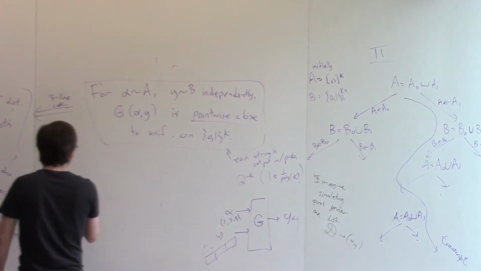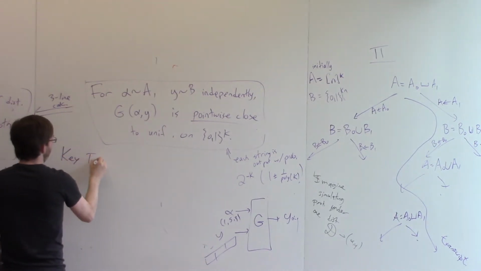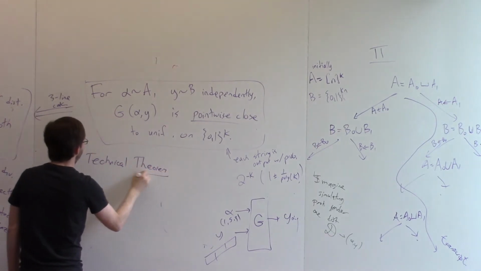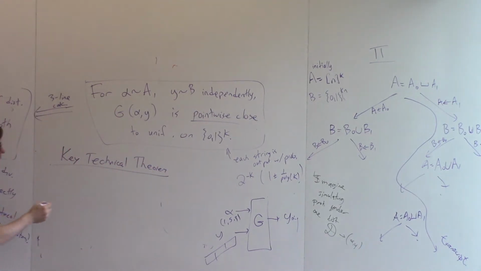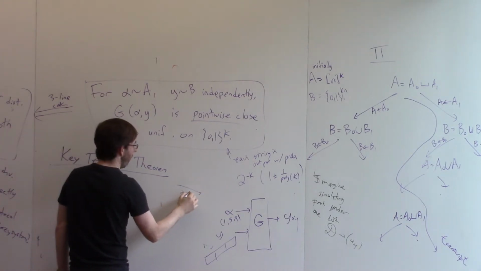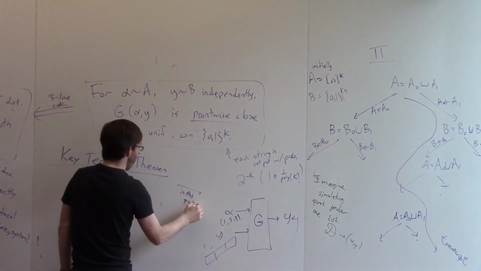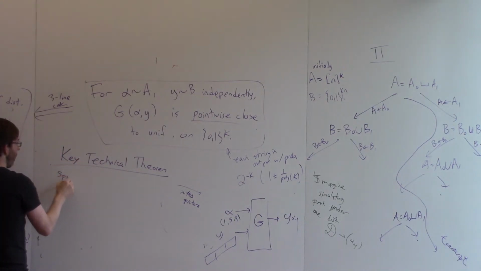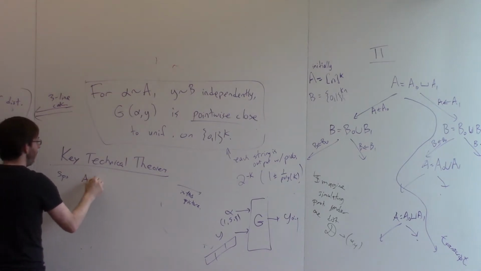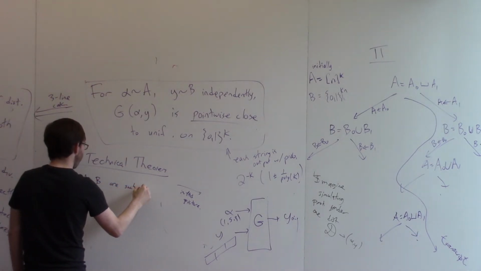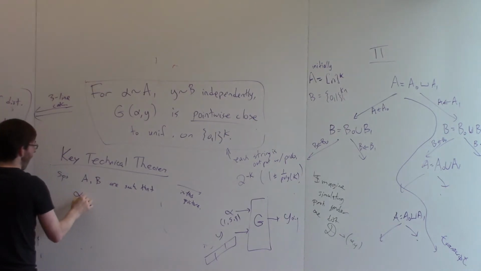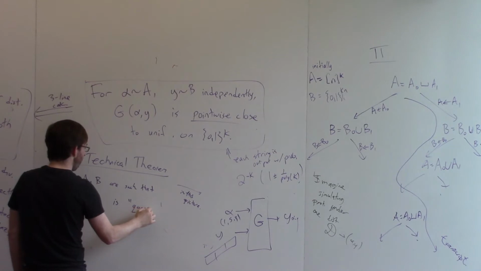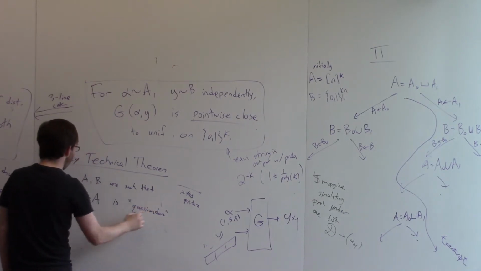So this is the key technical theorem in the paper. Which is that in this picture, suppose A and B are such that when you draw alpha uniformly at random from A, it has some property I'll call quasi-random, which I can say what it is in a second.